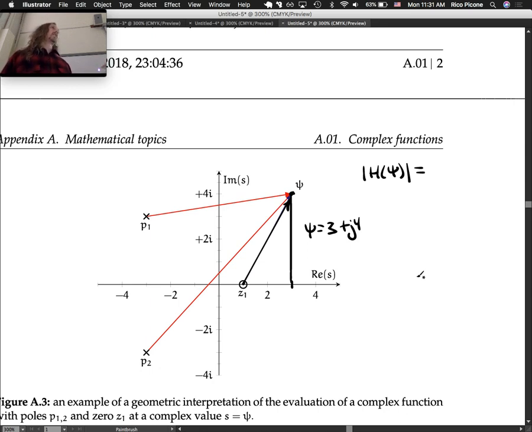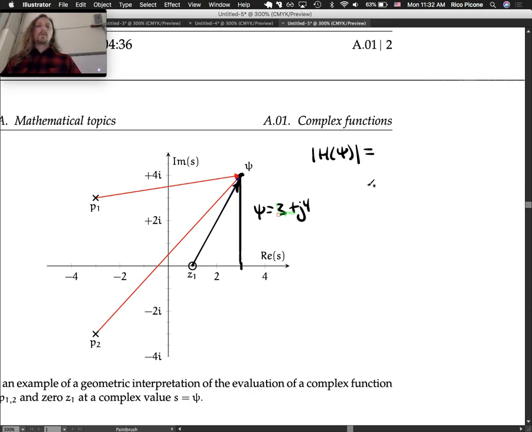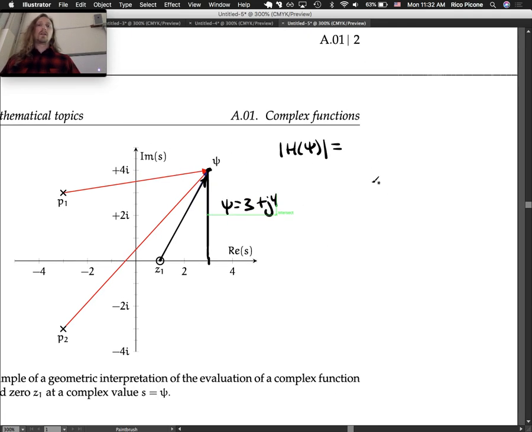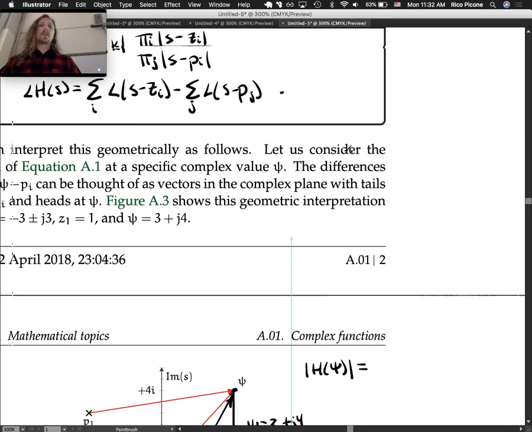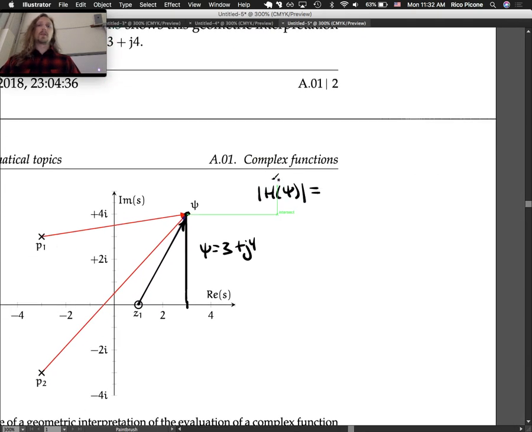It's just the length, right? For a vector, we're just talking about the length of the vector. So what is the length of the vector from Z1 to psi? This is going to show up in the numerator, so we'll put this one in the numerator.